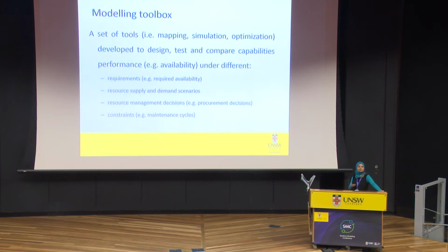So we would like to see how performance, for example availability, will change under the effect of factors such as requirements, different scenarios about the availability of resources, different management decisions, different constraints. So what we would like to do is to be able to look at the combined effects of changes in these factors and how they influence the capability performance.